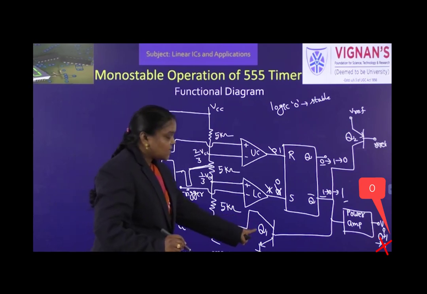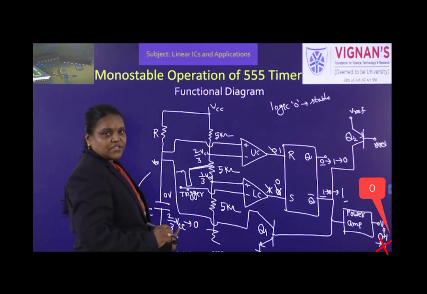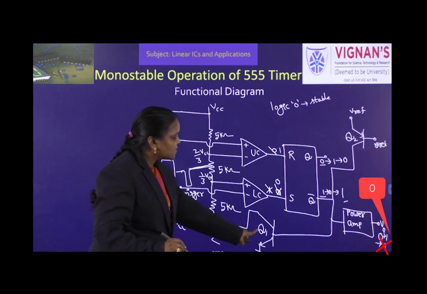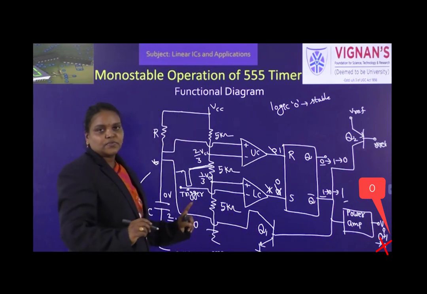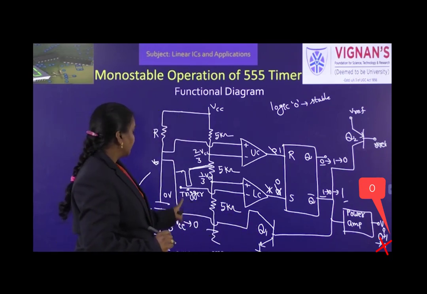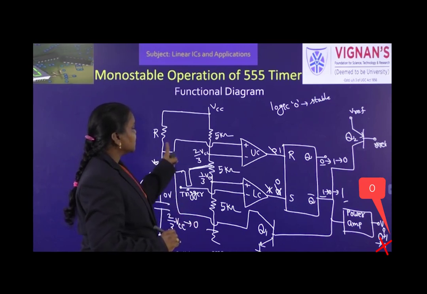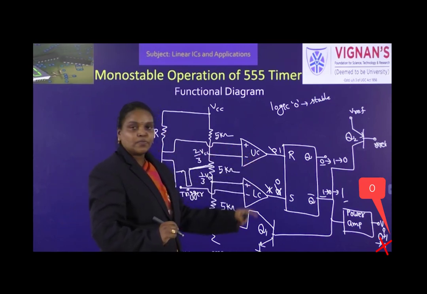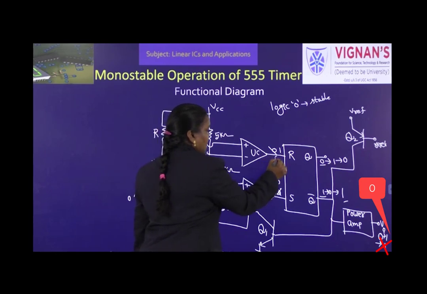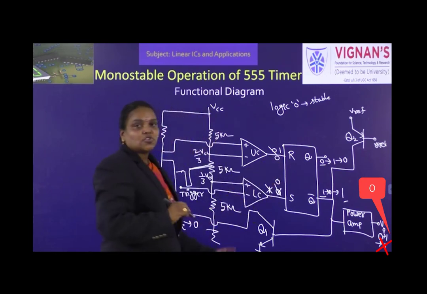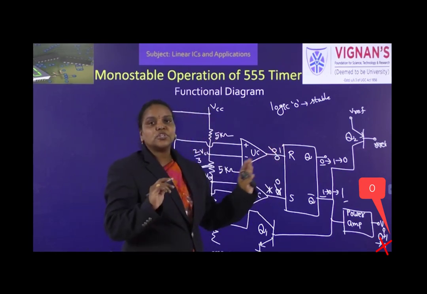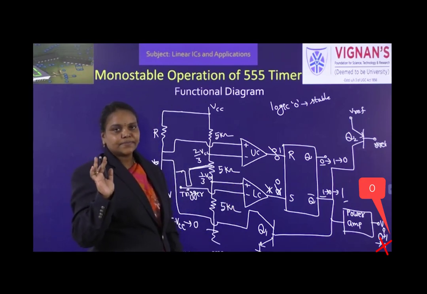So before this transistor on, it will be at 2/3 VCC. Now whenever this transistor became on, it will become 0. Okay. So when it is 0, what happens? Again, the upper comparator output will be 0. And this is also 0. So 0, 0 means that output 0 will be maintained.